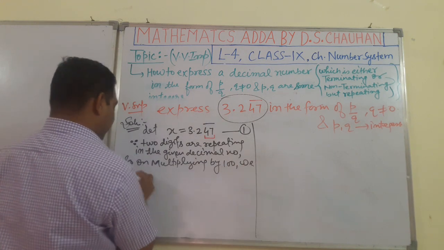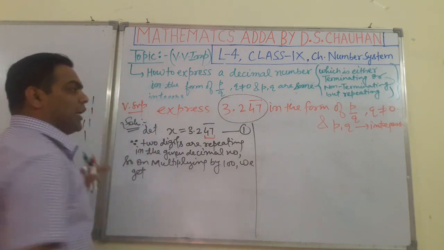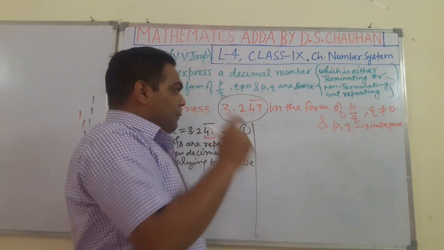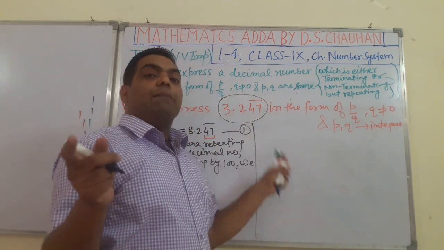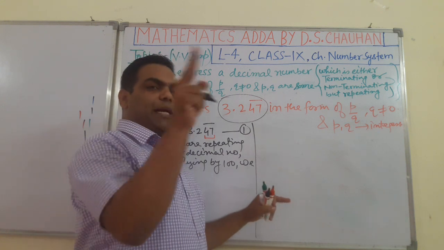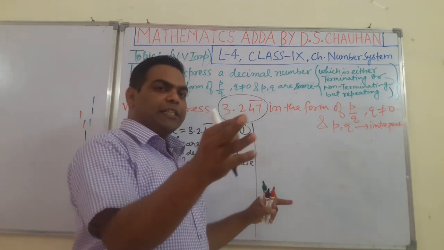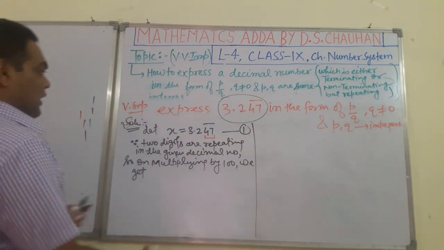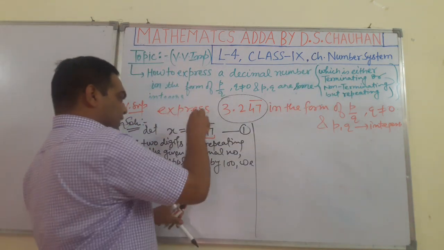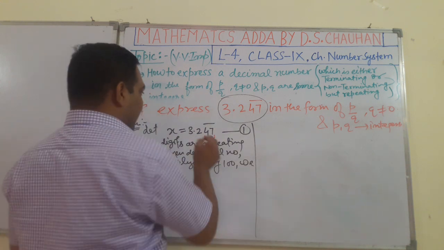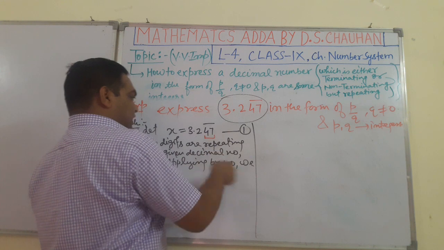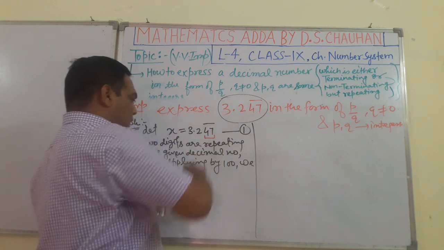Students, the process I want to tell you is: if 1 digit is repeating, multiply the equation by 10. If 2 digits, multiply by 100. In case of 3 digits, multiply by 1000, and so on. In the previous question and in this question, you see only 2 digits are repeating. This is the reason we are multiplying this number by 100.